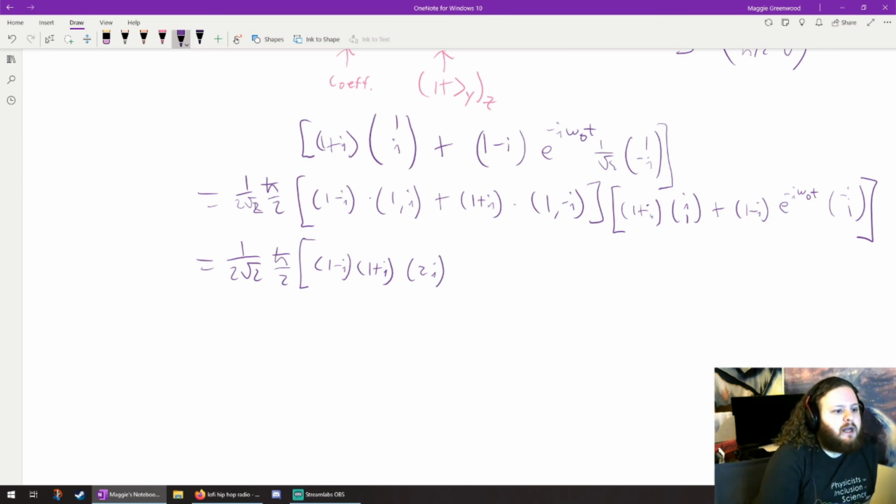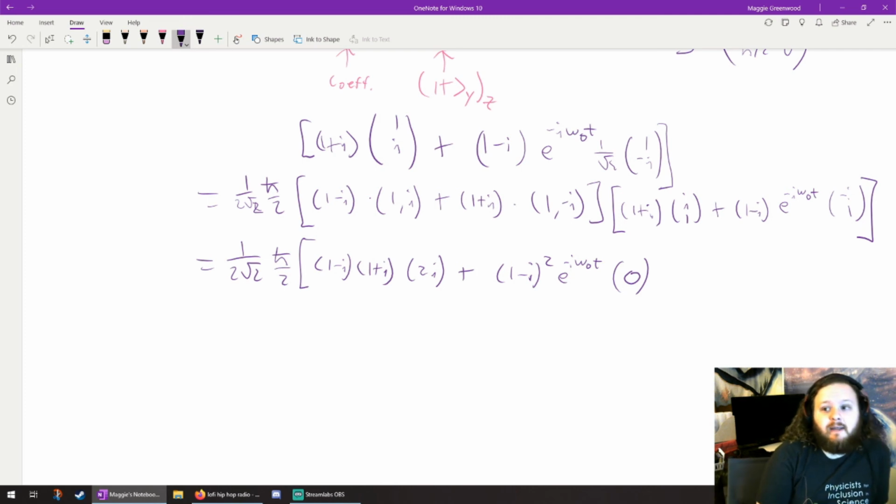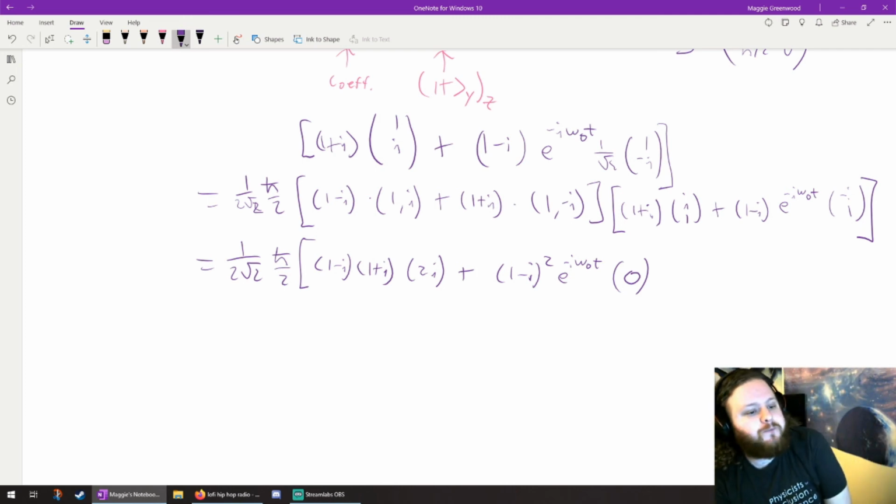Then I have another term that is this vector dotted with this one over here, which looks like 1 minus i squared e to the minus i omega naught t. And then 1 i dotted with negative i 1 is going to actually give me 0, because 1 times negative i is negative i, plus i times 1 is positive i, and the addition of those things gives me 0.